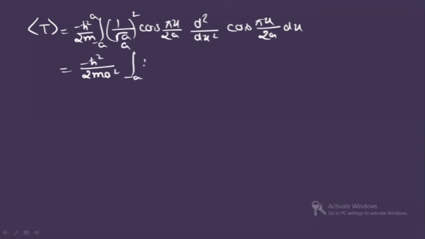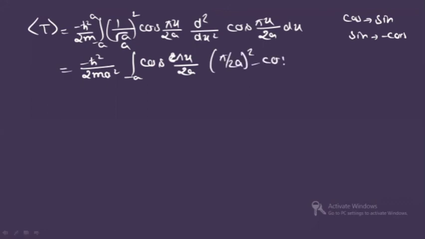Integration minus a to plus a cos pi x by 2a. Now when you differentiate this cos pi x by 2a twice, alright? Because cos will first become negative sine, and sine will become negative cos, and this pi by 2a, 2 times it is differentiated. So it will be pi by 2a whole square, minus cos of pi x by 2a, right?